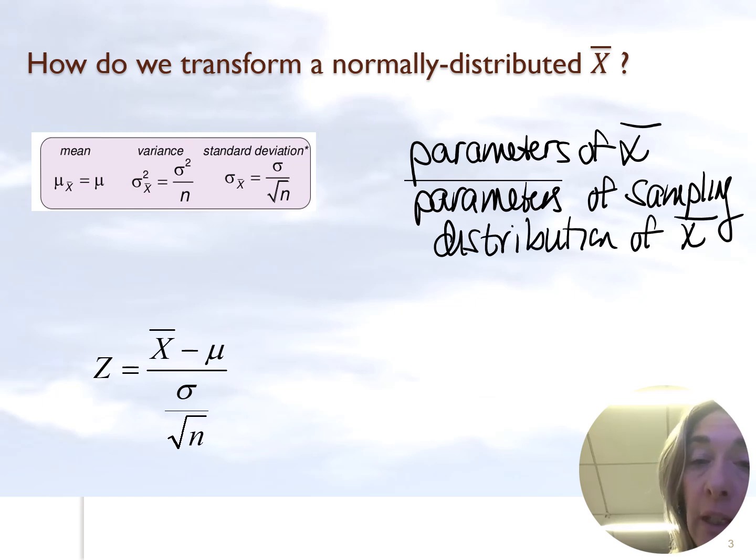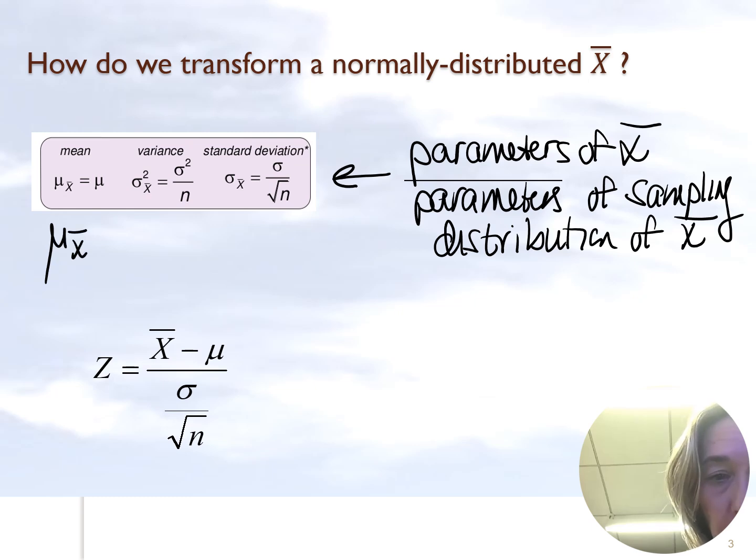These are shown here. The mean or the expected value of X bar, which is written as mu X bar, is mu. Remember, it is equal to the mean of X.